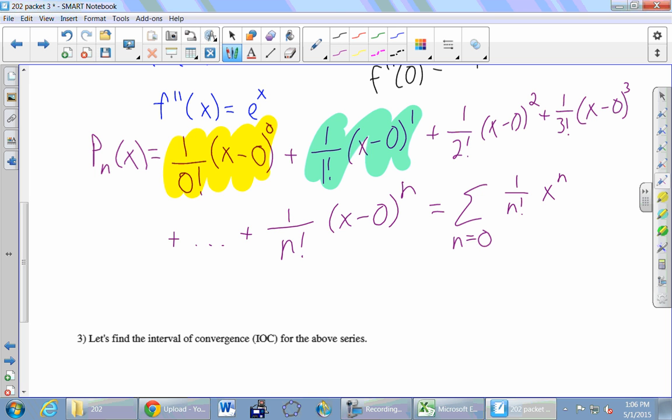That is a poor choice of letter, sorry. N is going to be my stopping point here, so I needed to use a different letter than n in here. Any other letter, I. So I see an I factorial and then an x to the I, starting at I equals 0 and going up to n.